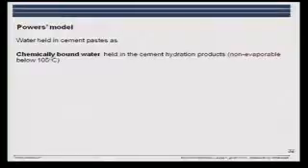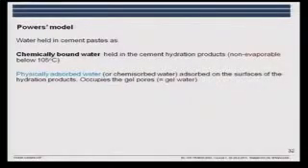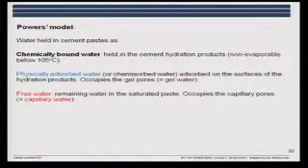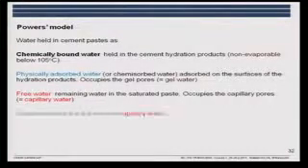The assumption is that the water is held in the paste as capillary, chemically bound water. That's the water in the hydrates. It's non-evaporable. That's how it was measured. Non-evaporable below 105 degrees. And then we have the physically adsorbed water, which he called the gel water, and the free water, or the capillary water here.